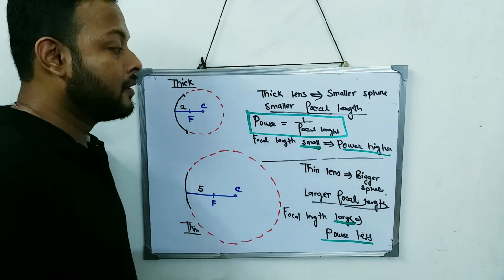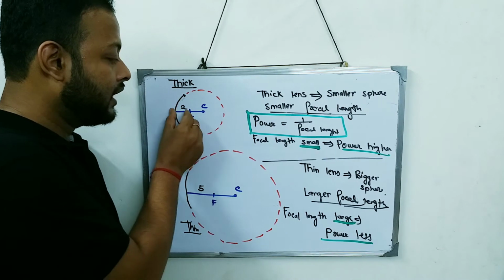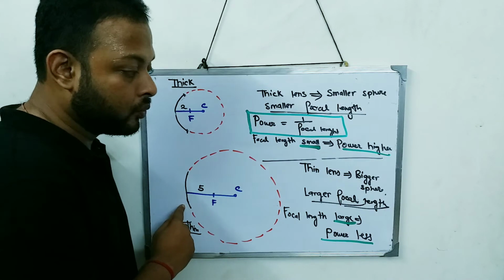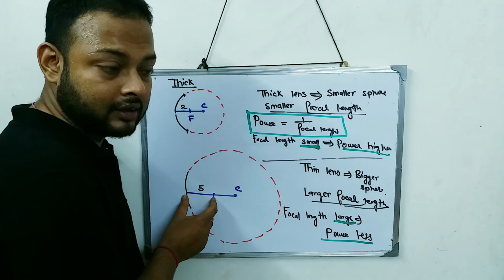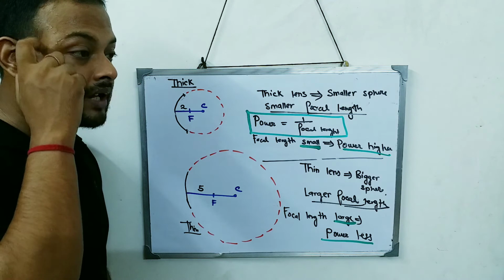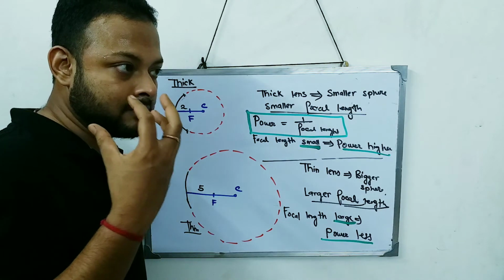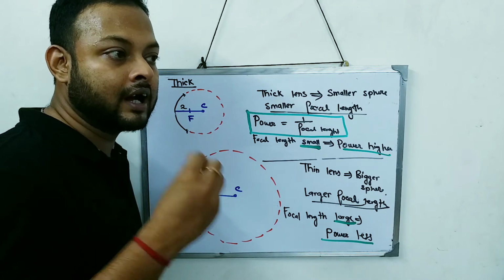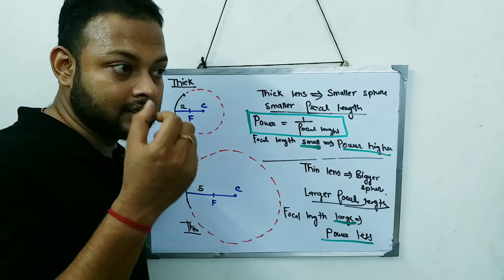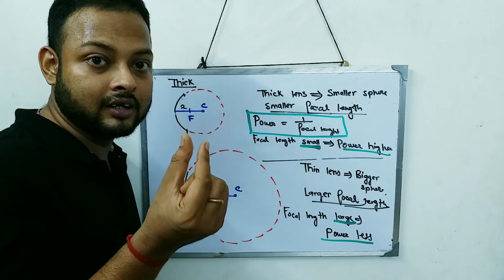Just remember, a thicker lens will have lesser focal length, and lesser focal length means more power. And a thinner lens will have larger focal length, and if it is larger focal length, power is less. Sometimes there are certain people around the world who have a problem or defect in their eyes to a larger extent compared to a normal person. The spectacles that they wear are very thick.